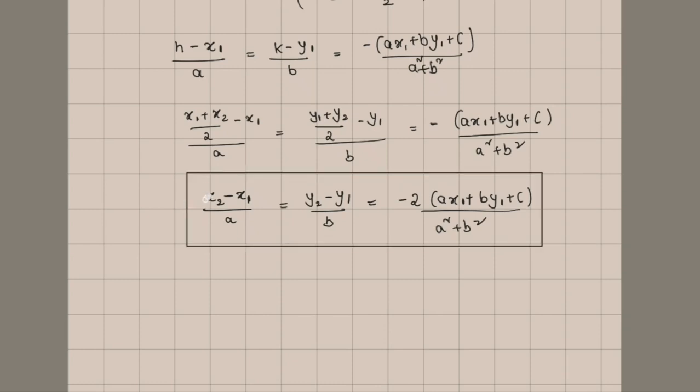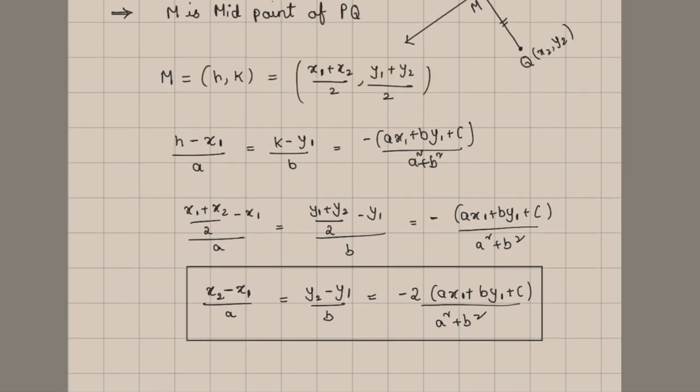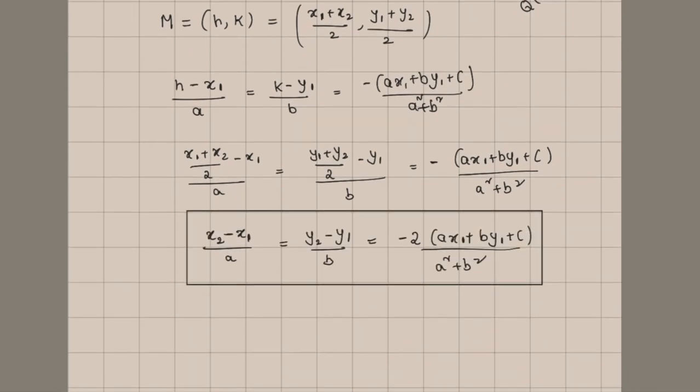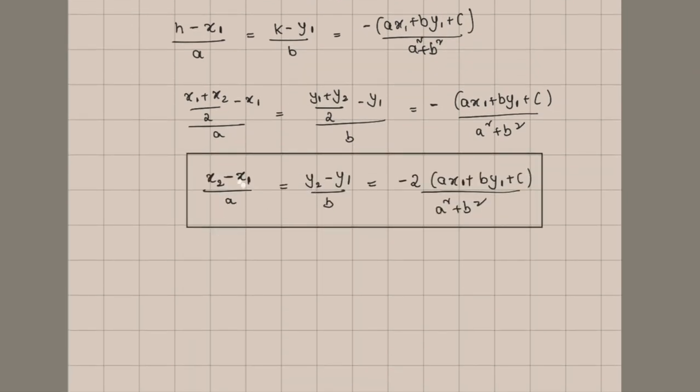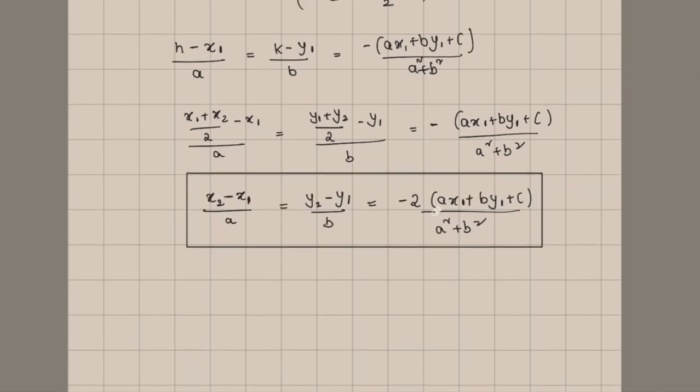See here, x2 and y2 are the image point and x1 comma y1 is the known point P. So x2 and y2 is the image of x1 and y1. So this right hand part, minus 2 into ax1 plus by1 plus c by a square plus b square, is a constant, because we know the line equation and the point P, x1 comma y1. So x2 and y2 are variables.